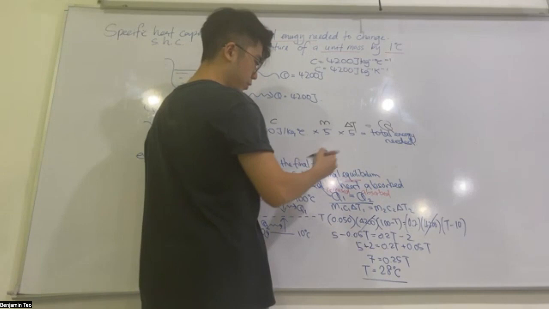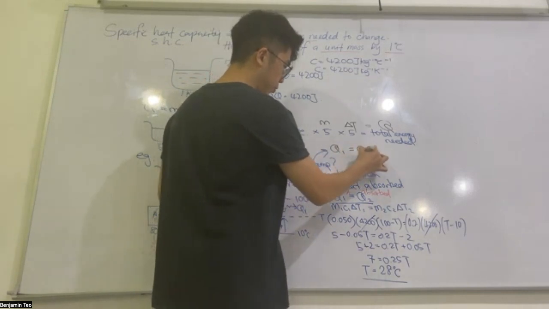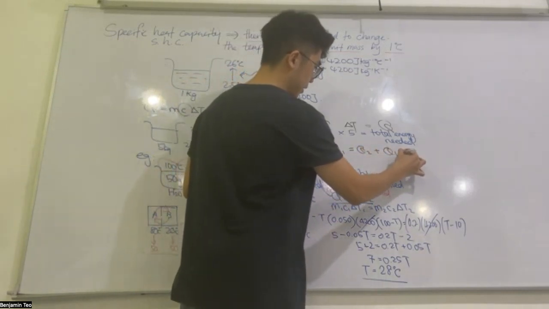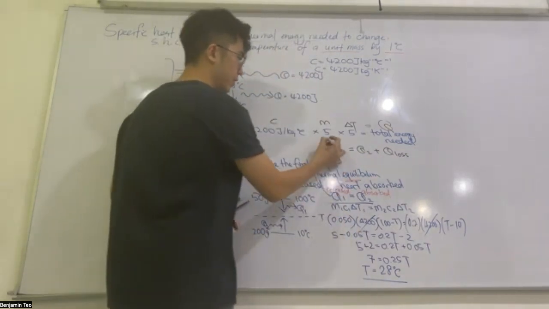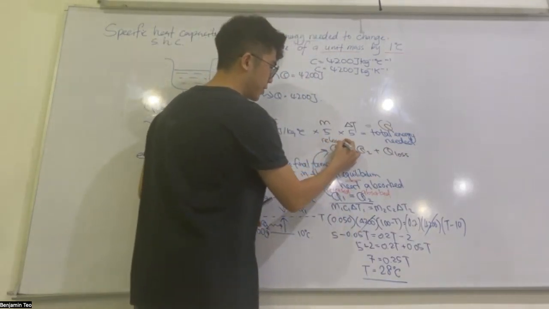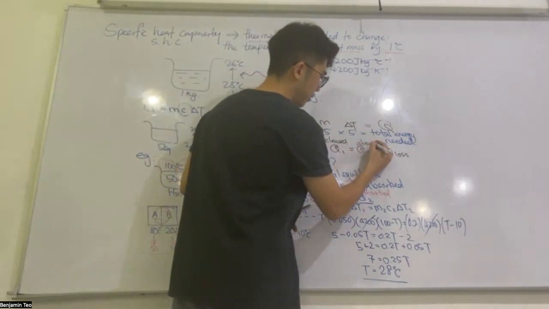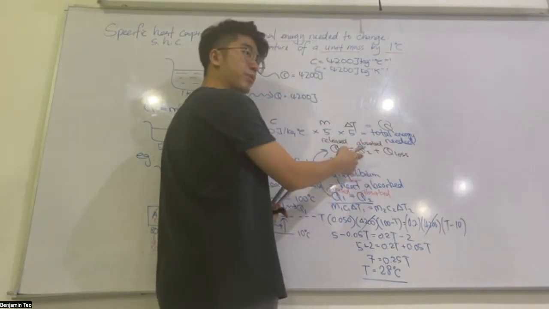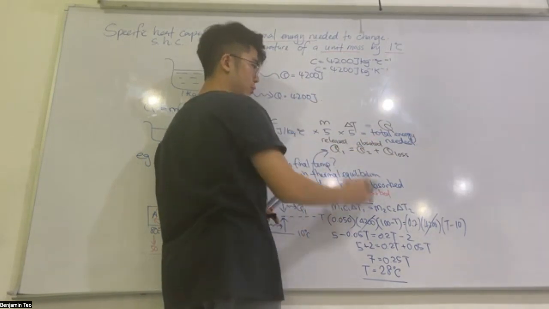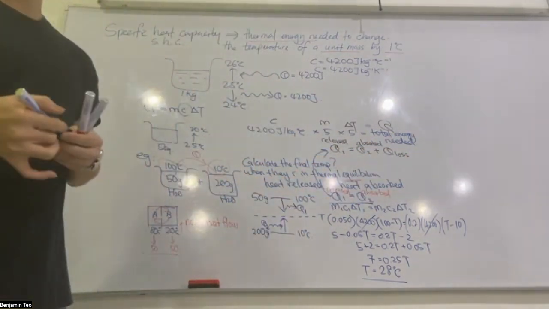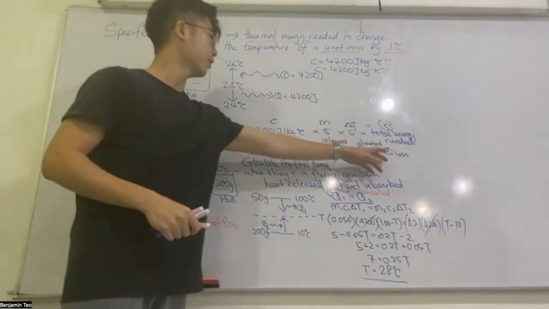It's going to change to Q1 equals Q2 plus Q loss. The heat released by the first substance is equal to the one absorbed, and it doesn't absorb 100%, right? Some goes to loss. So the equation becomes like this with heat loss. So you need to calculate that.